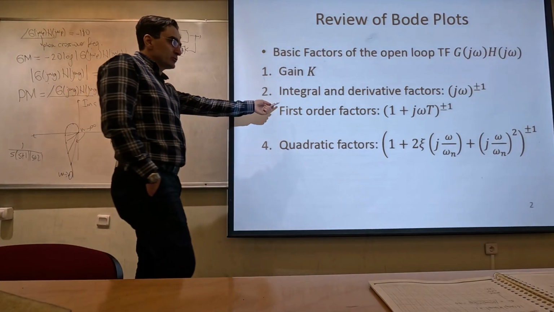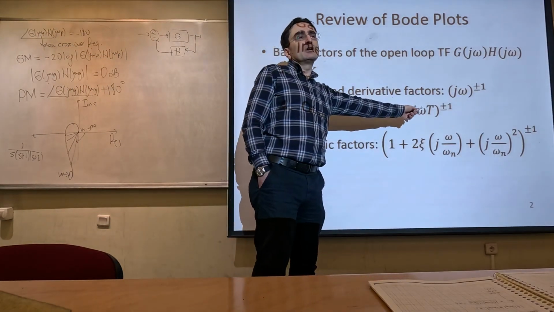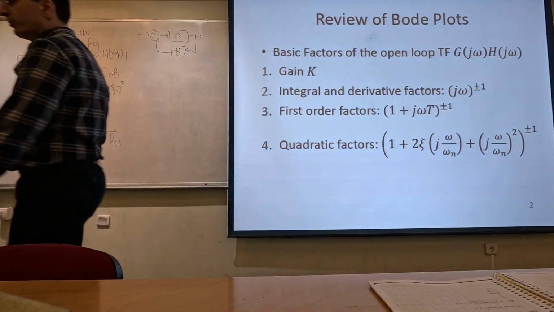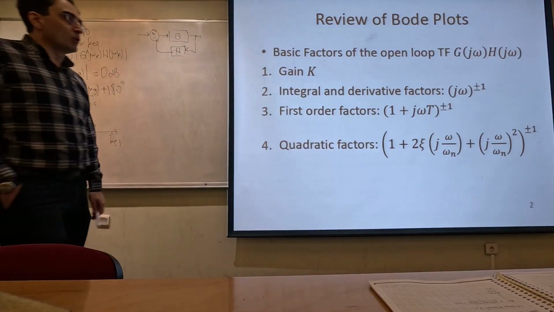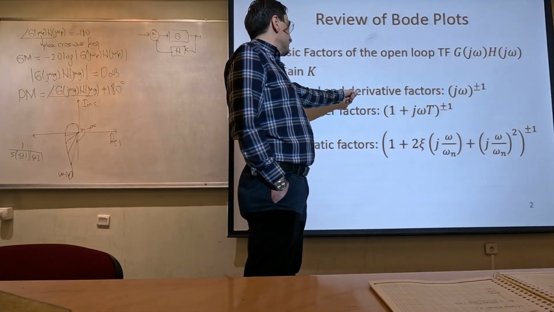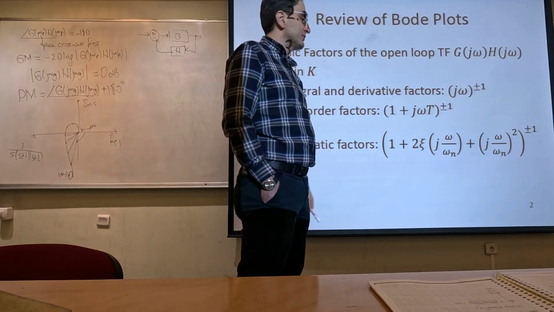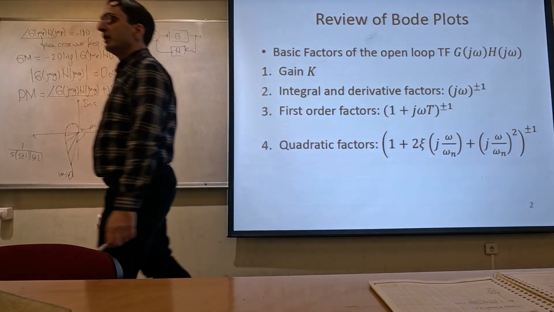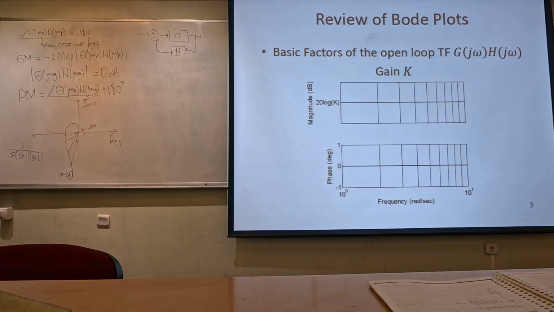We might have first order factors given in this form, or we might have second order terms like this. Probably the most important parts are gain, derivative and integral factors, and first order factors. These type of terms are encountered much less frequently in this part.